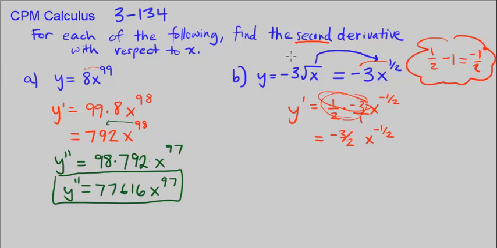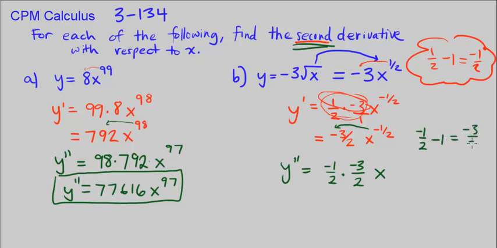Again, we're asked for the second derivative, so we have to find y double prime, which is basically the derivative of y prime. Okay? So again, we want to drop that power. So it's going to be negative 1/2 times negative 3/2 times x to the power of negative 1/2 minus 1. Okay? And that's equal to negative 3/2.